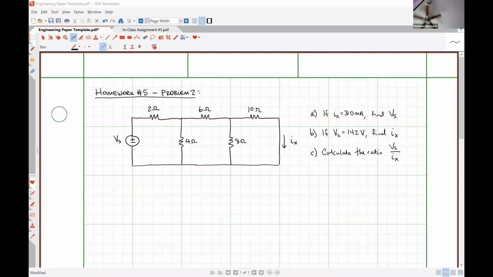So if the current Ix has a known value, how is that piece of information useful? Anybody got any ideas?